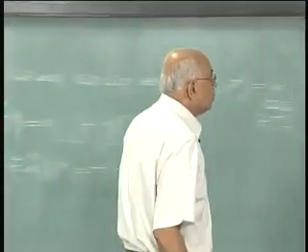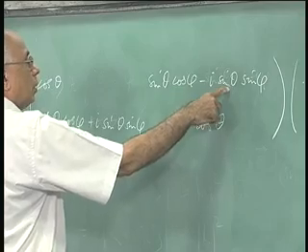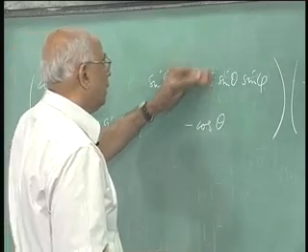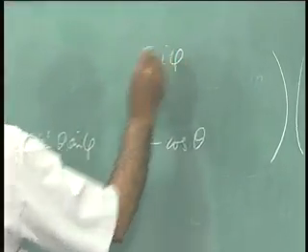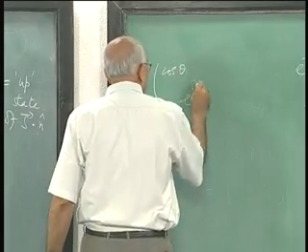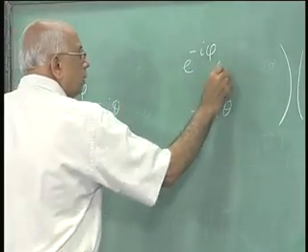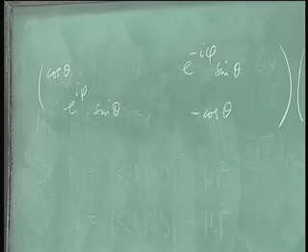So this gives you cos theta minus I sin theta, sin theta comes out common, cos phi minus I sin phi is e to the minus I phi, and this fellow here is e to the I phi, sin theta. Those are the eigenvalue equations.